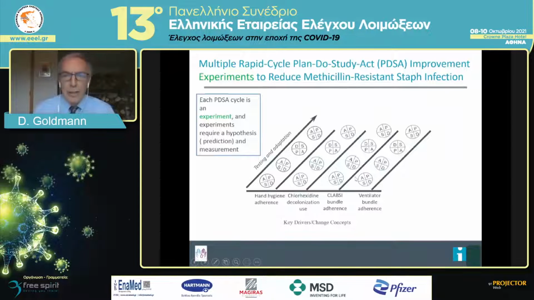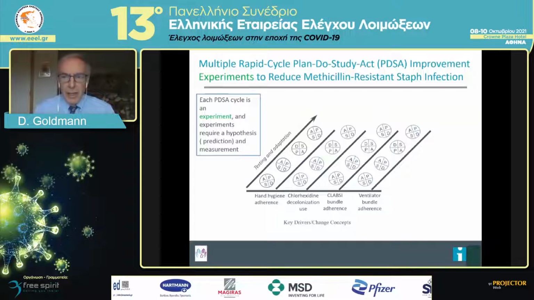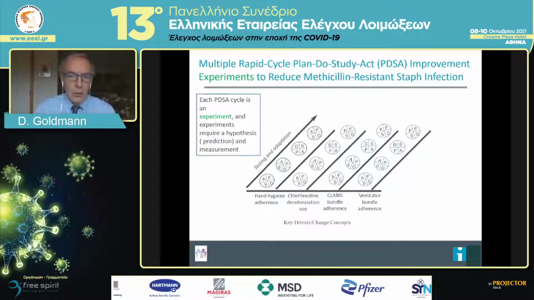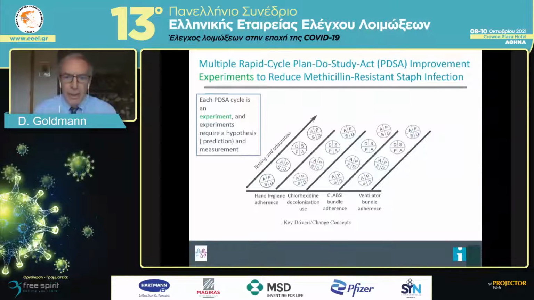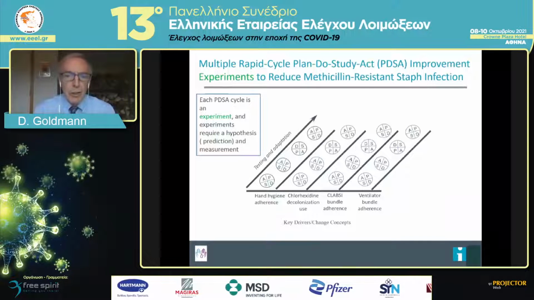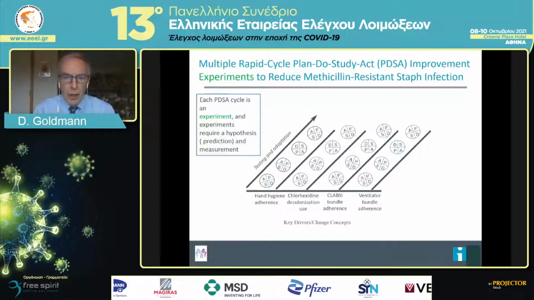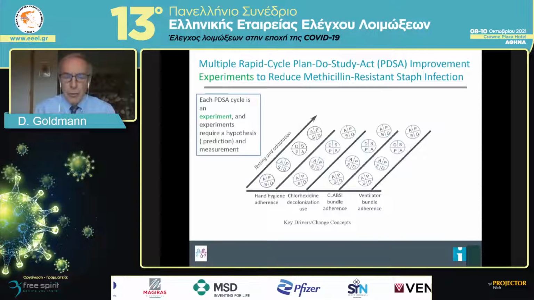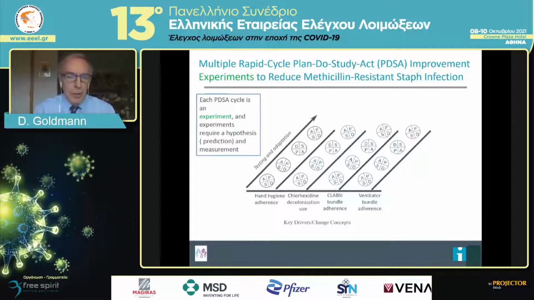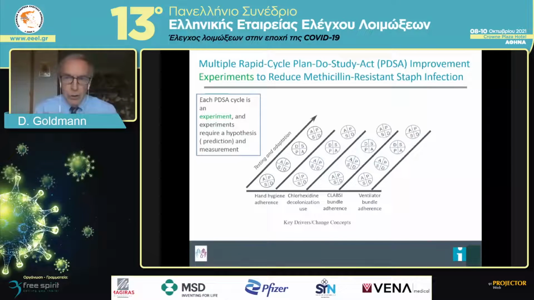And why do you need to do these experiments? If it were easy to just say, do the central line bundle, just do it. Well, you know that wouldn't work very well. You have to perhaps do experiments about what you will put on a cart for the supplies for doing it. You have to experiment with a nurse reminding the physician, you've got to go ahead and use a big drape.